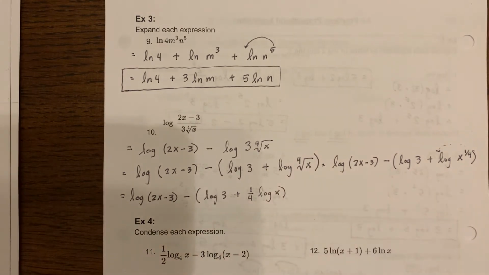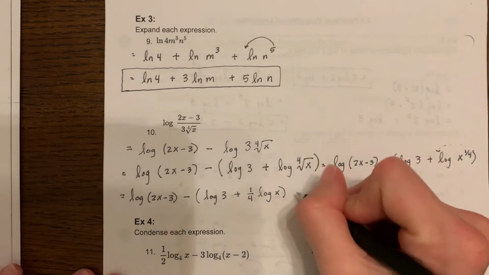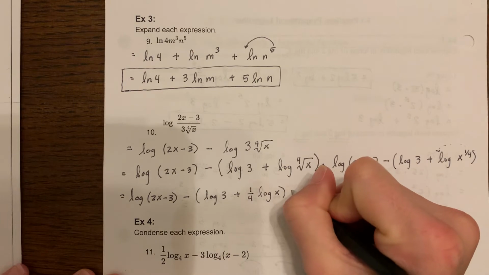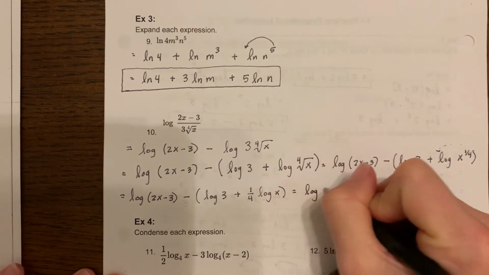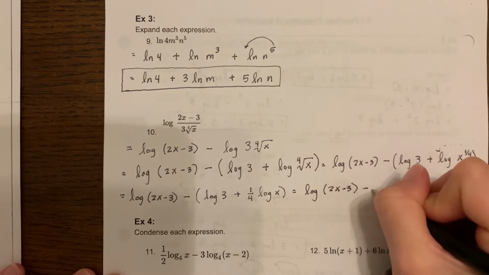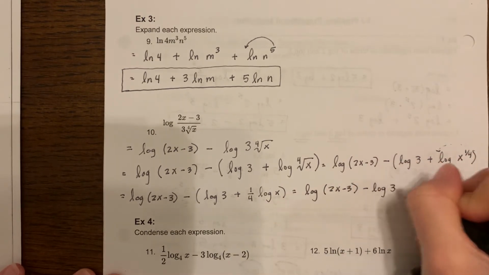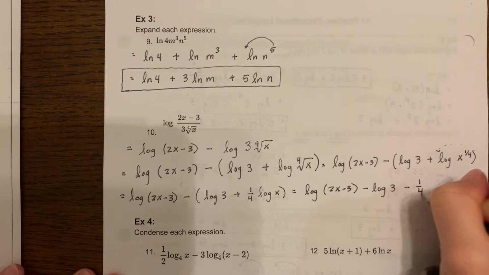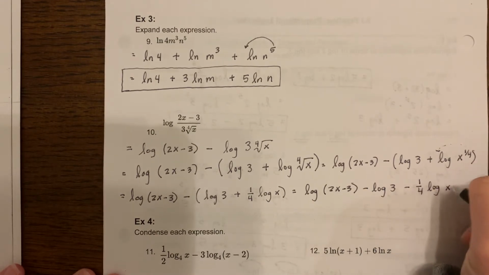To finish expanding, I have to distribute the negative to both terms within the quantity. So I need to distribute -1 to log 3 and 1/4 log x. So my final solution is log of 2x minus 3 minus log 3 minus 1/4 log x.